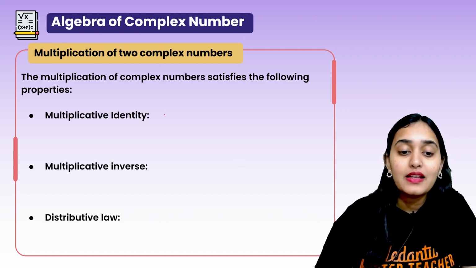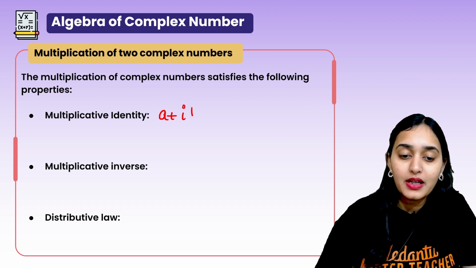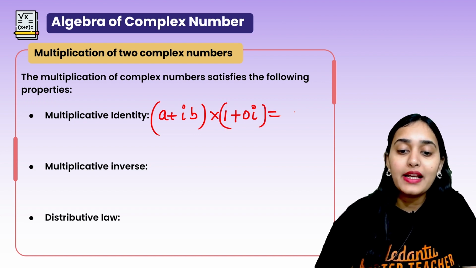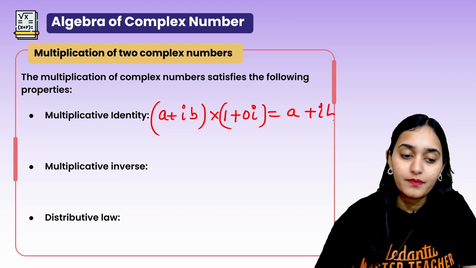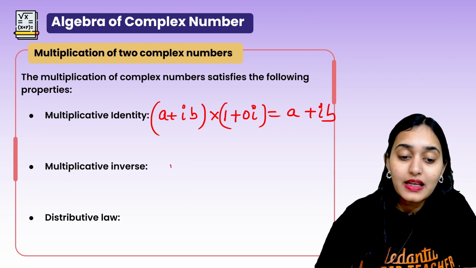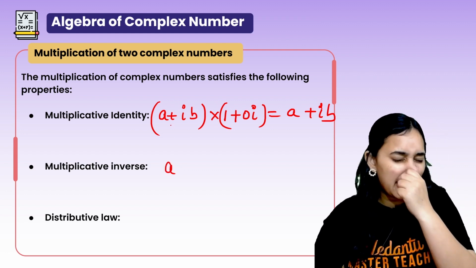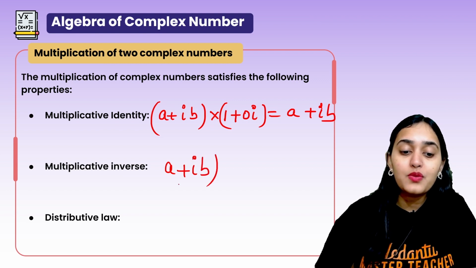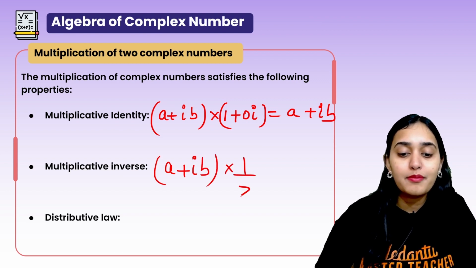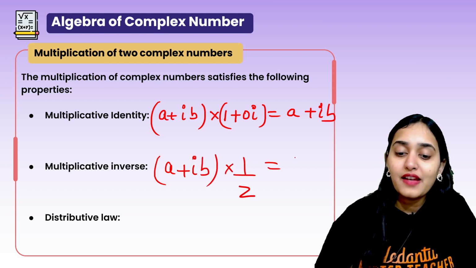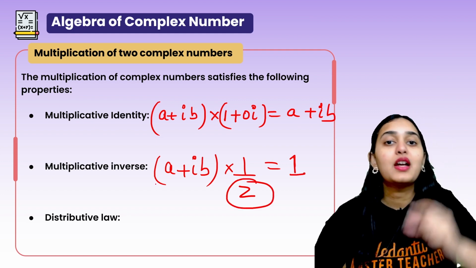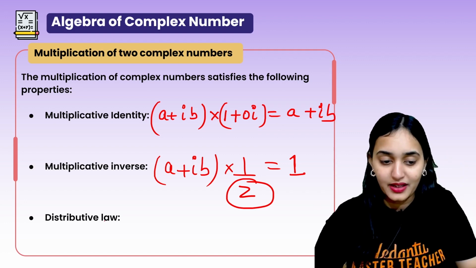Multiplicative identity: if you multiply a complex number with 1 plus 0i, you will get the same complex number. Multiplicative inverse: if you have a complex number a plus ib, its multiplicative inverse is a complex number which when multiplied gives you 1 as the answer. Now, what should this complex number be? We will learn after some time, don't worry.